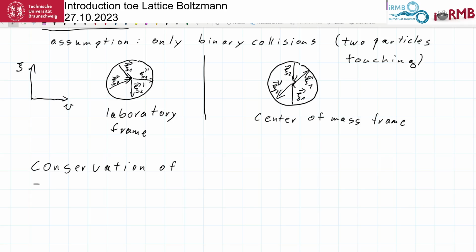So what is so obvious that everybody forgets it is the number of particles, right? There are two particles coming in, two particles going out. So there's the number of particles.